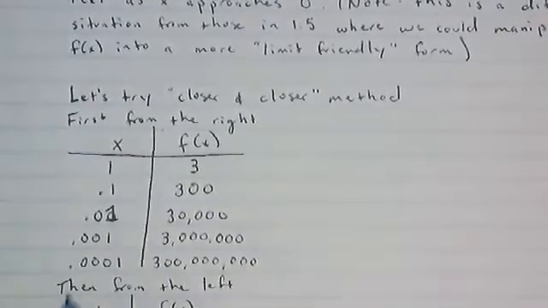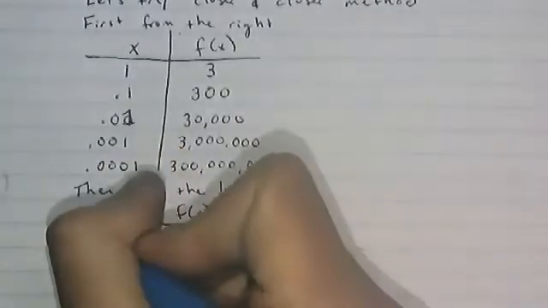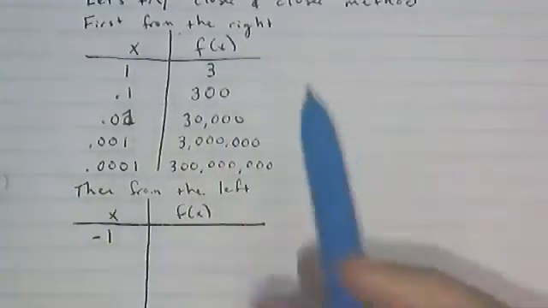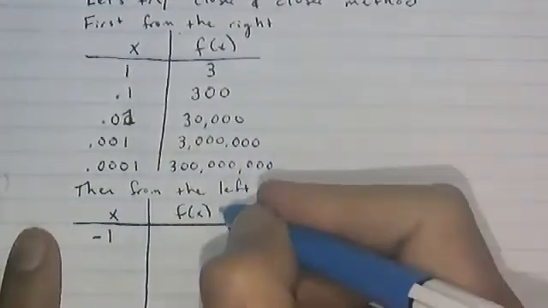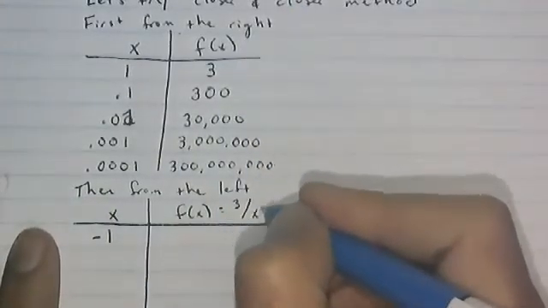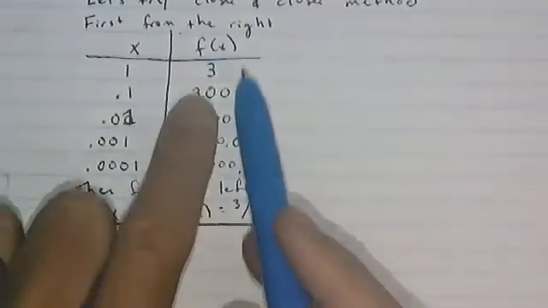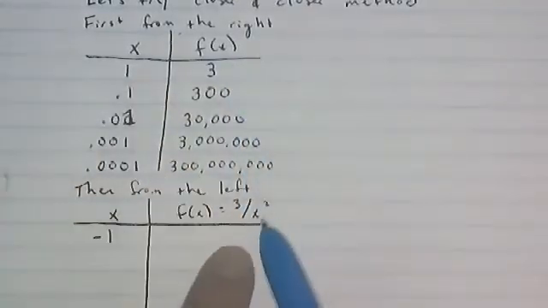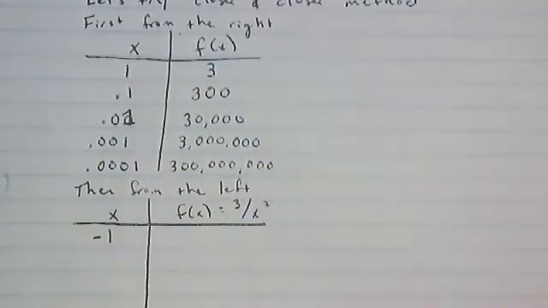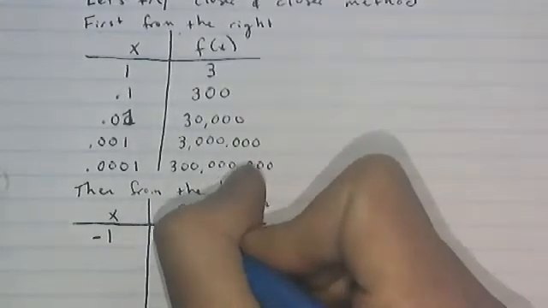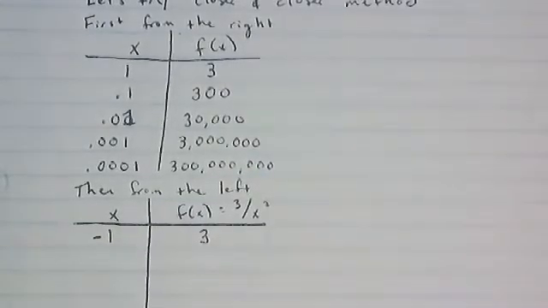So from the left of 0, start at -1. When you throw -1 into our function, 3 over x squared, it behaves exactly like +1. As the -1 gets squared and divided into 3, it shoots out +3.